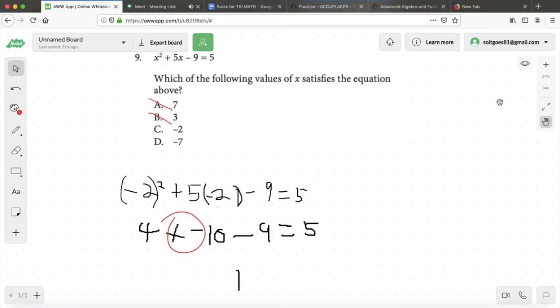What's that? 4 minus 10 is not 6. I mean, negative 4 plus... I don't know why I said that. No, 4 minus 10 would be negative 6. Right? Negative 6, yep. And then minus 9 is going to be even more negative. I think it's negative 15. Yeah.